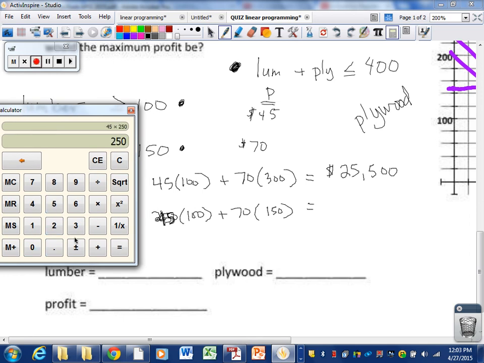This needs to be 250. I'm just going to erase it, this is getting ugly looking. 45 times 250 equals 11,250, plus 70 times 150, 21,750.